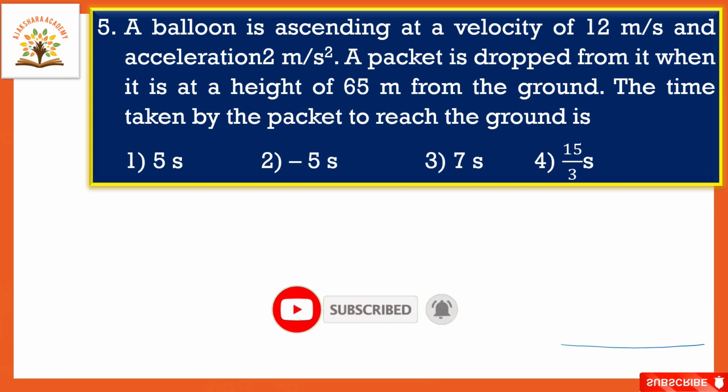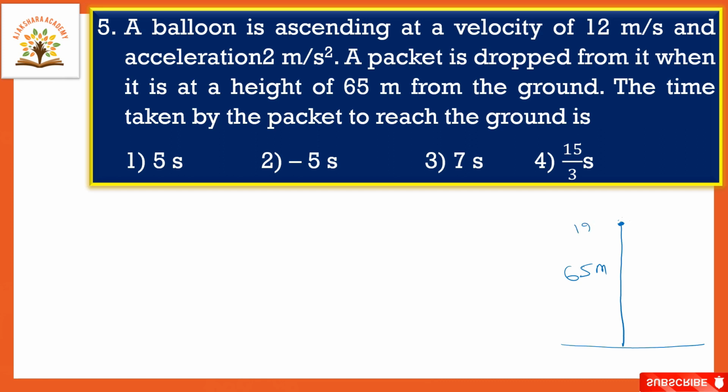Suppose a balloon is ascending with a velocity of 12 meters per second at a height of 65 meters, and this is after it reaches the ground. We have to calculate the time. So let us go to the solution.